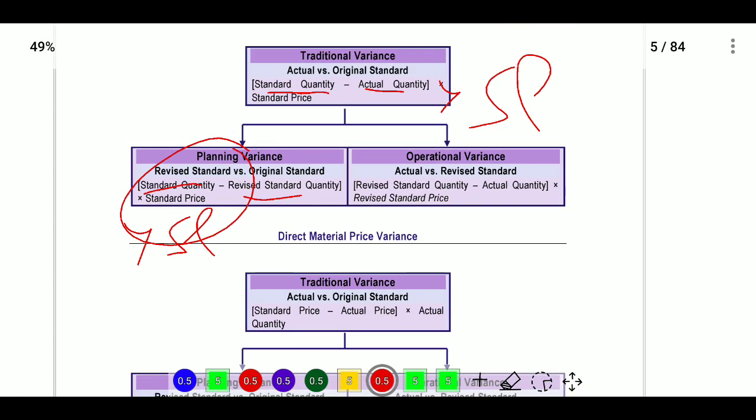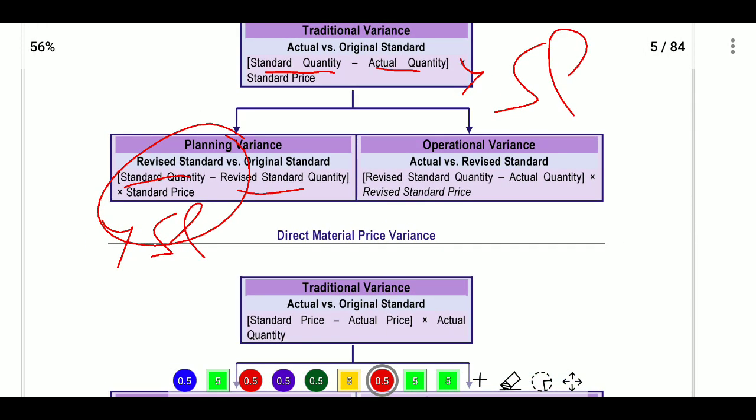Next, operational variance, where we will see actual versus revised standards. So revised standard quantity minus actual quantity, into revised standard price, we will take here. Always, actuality will come later.